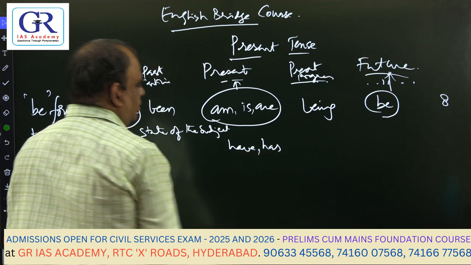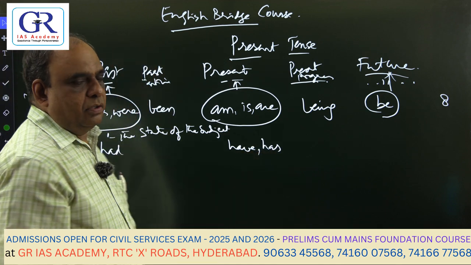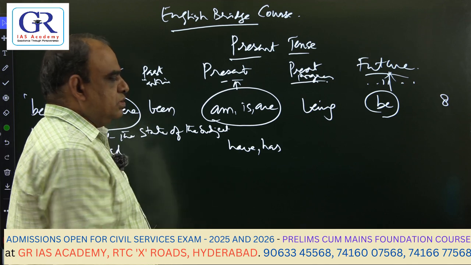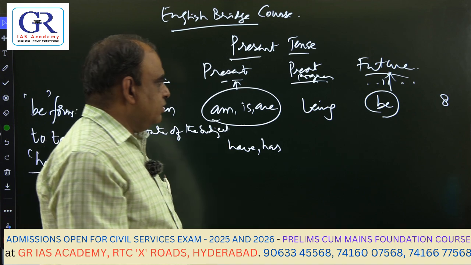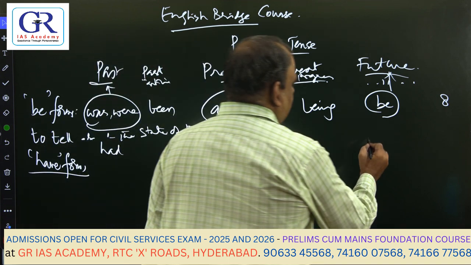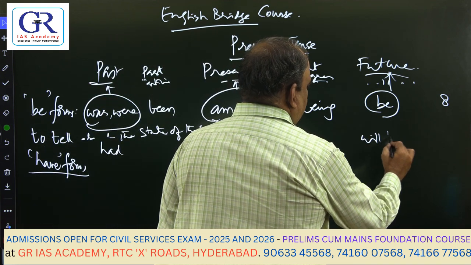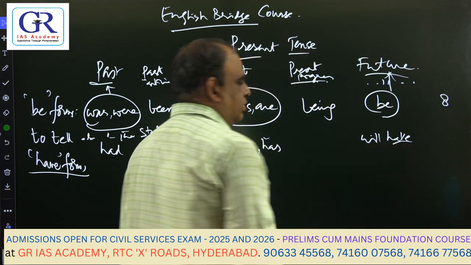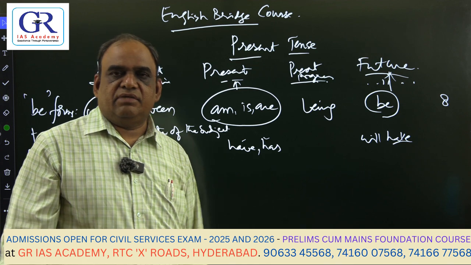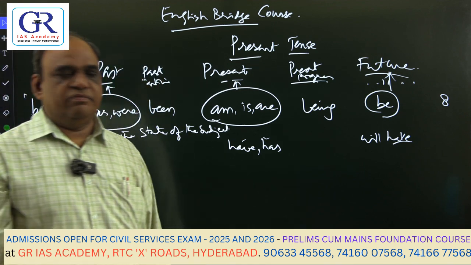For I, we, you, they, have is used. For he, she, it, has is used. That usage I will tell you at a little later stage. Here we use will have. So for both have and has, it is the same: will have. You will not say will has. You have to say only will have.